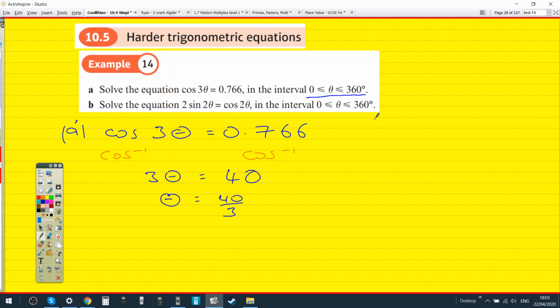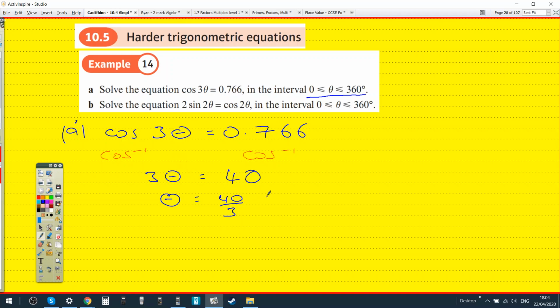And so subtract what from 360? 40 over 3. Very close. This is why this is the harder trig. It's because of BIDMAS. Instead of 360 minus 40 divided by 3, you have to do 360 minus 40 and then divide that by 3.